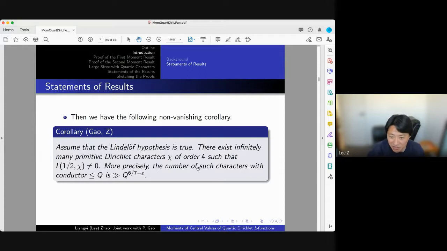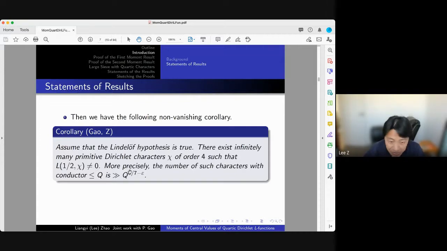So the number of primitive quartic characters chi, for which L(1/2, chi) is not 0, and the conductor of the character is at most Q, is greater than or equal to some constant multiplied by Q to the 6/7 minus epsilon.